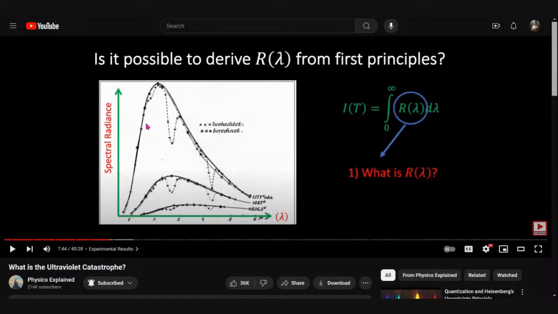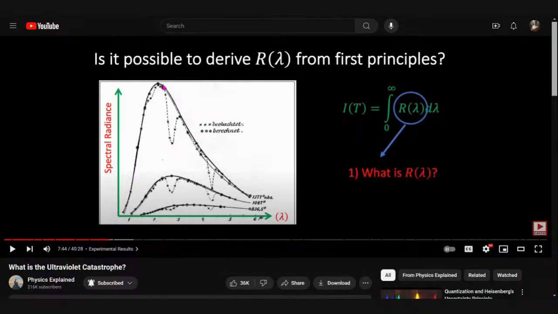So in an ideal gas, it makes sense. But with a glowing piece of metal, what are you saying? I would say it's just the distribution of the vibration of molecules, of atoms in a metal box.